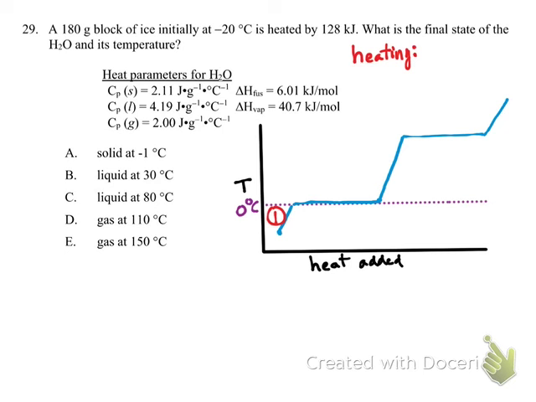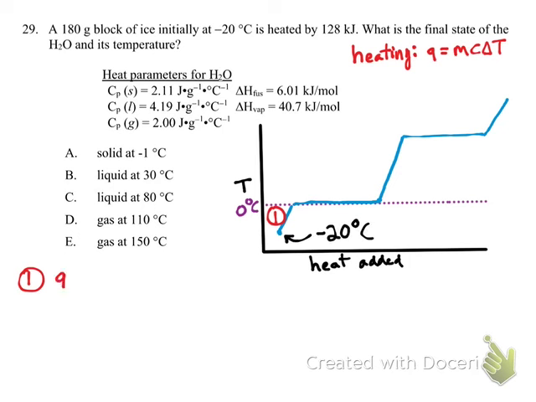So recall, when heating, we can use the equation Q equals mc delta T. So let's see how much energy it'll take to heat this from negative 20 degrees Celsius up to 0 degrees Celsius.